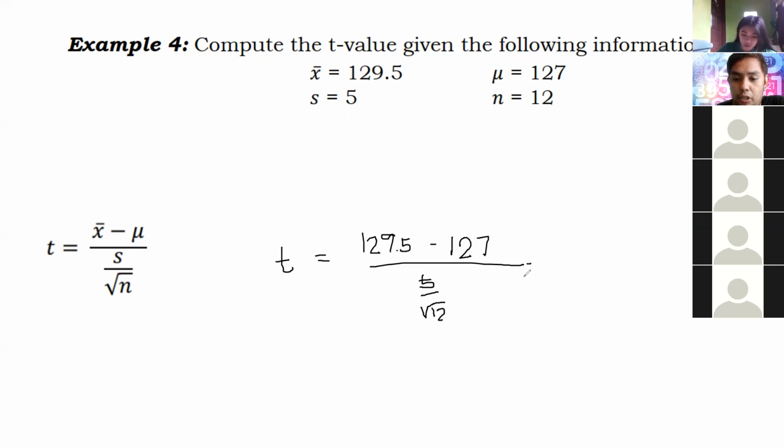I think it's very obvious here. That's 129.5 minus 127. That will be 2.5 if I am not mistaken. Please correct me kapag may mali ako. 2.5 over 5 over the square root of 12.